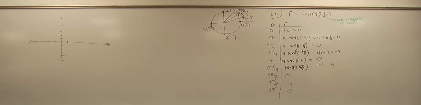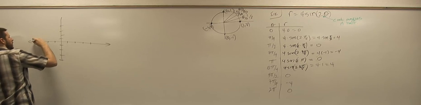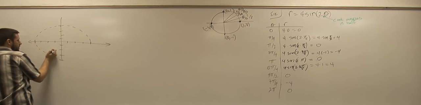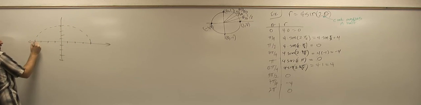Everything seems to happen on a circular radius 4 or a circular radius 0, at least for these points. So let me just put a circular radius 4.